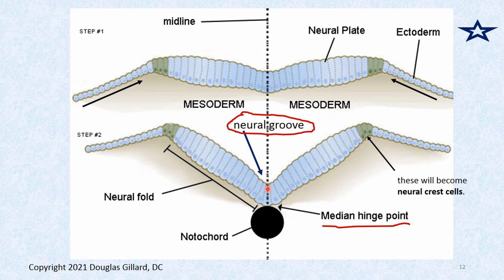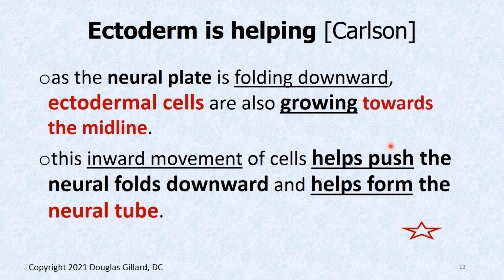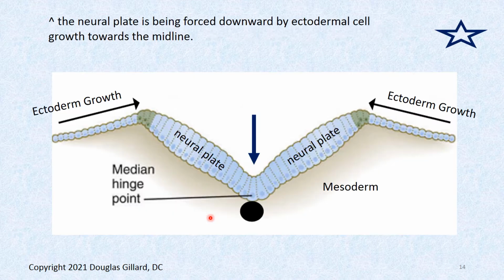And there's another thing helping this bend, and notice that it's bending downward into the mesoderm. The ectoderm is also growing. These ectoderm cells via mitosis are splitting and pushing in and pinching this and helping drive it down. So that's another force that's going on. As the lateral plate is folding downward, ectoderm cells are also growing toward the midline, as I just explained, and it's kind of pushing that V downward.